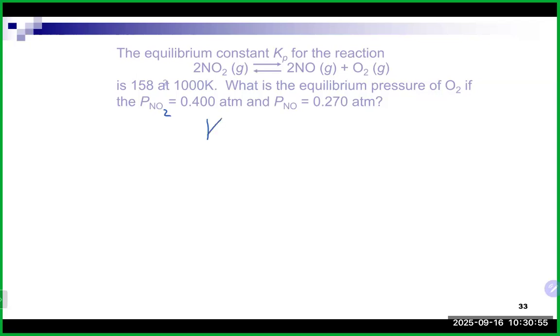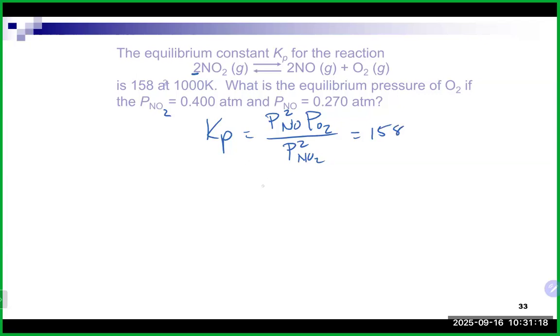So we'll start with the Kp expression, which is the partial pressure of our NO squared, which is our product, times the partial pressure of our O2, divided by our partial pressure of NO2 squared, again for the coefficient, and that's going to equal 158. So we can put in our numbers.